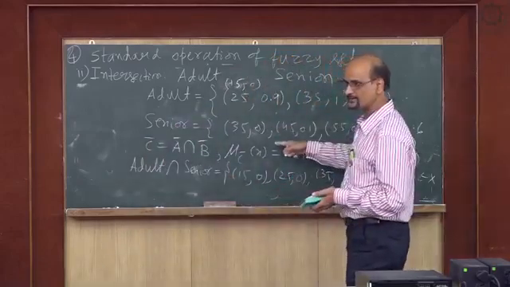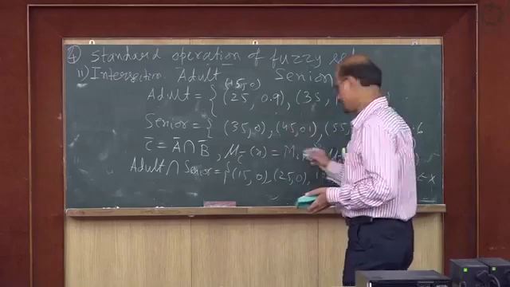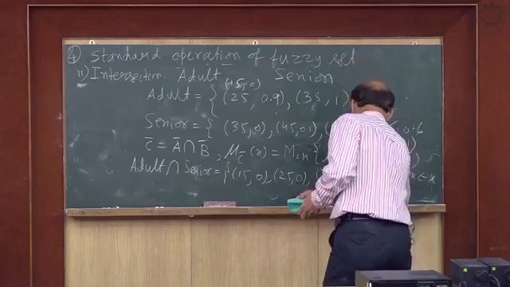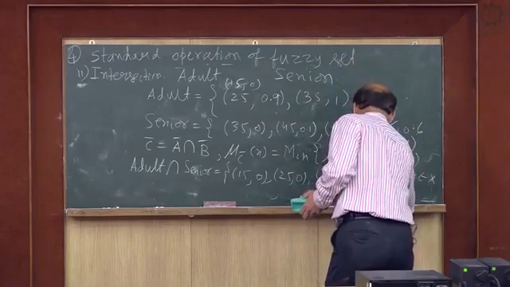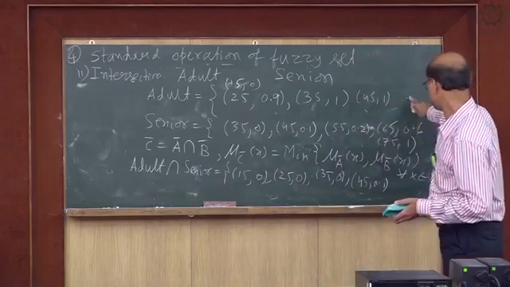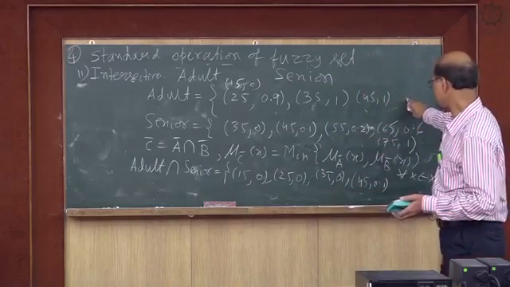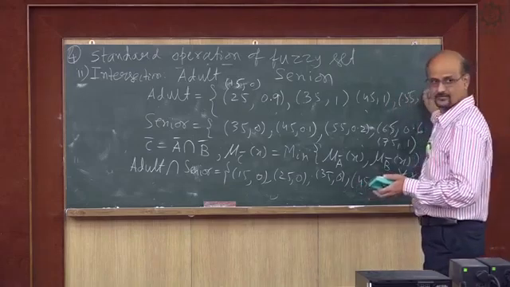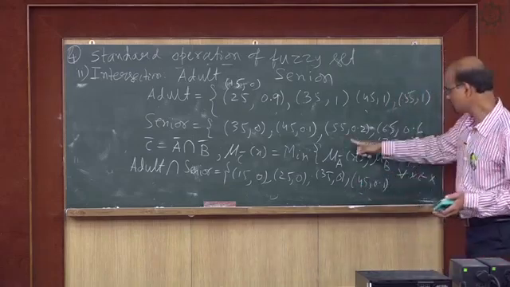So, I have to take 0, the minimum of that membership, 35 0, 45 0.1, 55, because here what was there, 55 was what, 1. So, it will be 55.2.